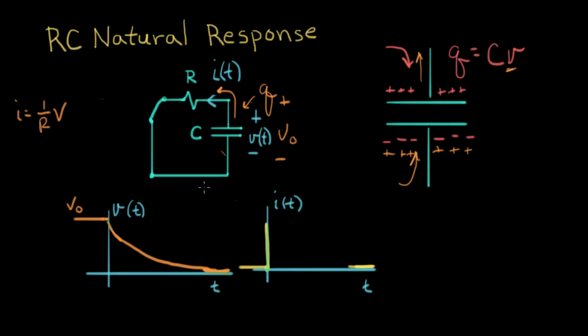The current is directly proportional to the voltage, so as the voltage goes down, the current is going to go down. We can guess it'll have the same shape as the voltage, going down something like that until it dies out to 0. So this is our forecast for what the natural response of an RC circuit looks like. In the next video, we will derive really precise expressions for what those two curves look like.